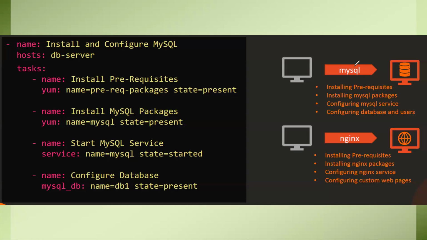Consider I want to set up my MySQL database server. First we have to install all the prerequisites for the MySQL database server, then we'll install the package, and then we'll do some post-installation activity. Like we have to start the database service, and after starting it, we have to create a database. Only if you create the database can developers use it to create the tables.